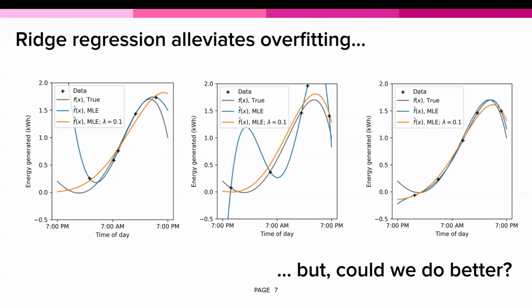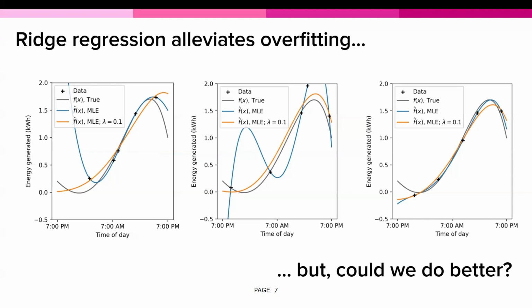So ridge regression is a good start, but it's not necessarily the optimal approach. The regularization term in ridge regression is to some extent pretty blunt because it's not going to capture the nuances of how certain features contribute to the prediction, or how we might expect certain features to contribute to the prediction.